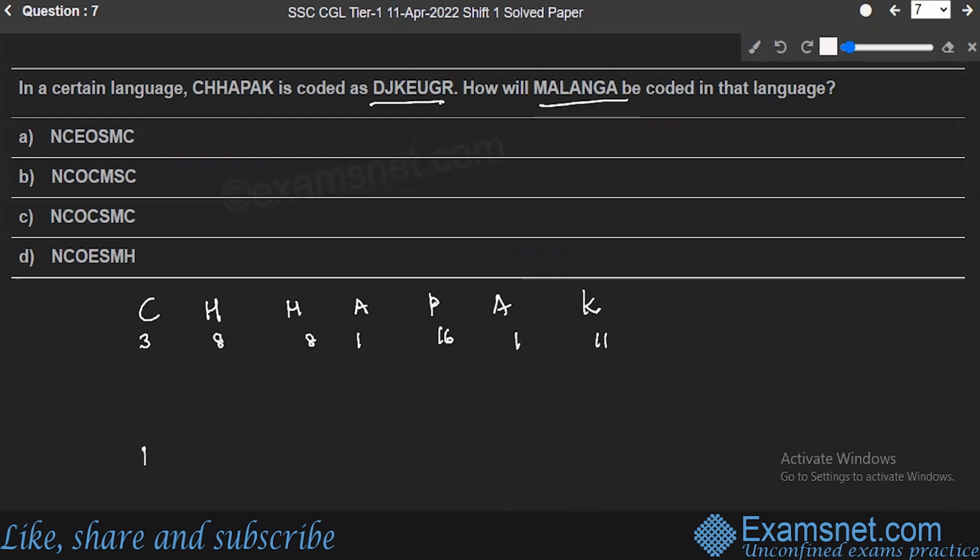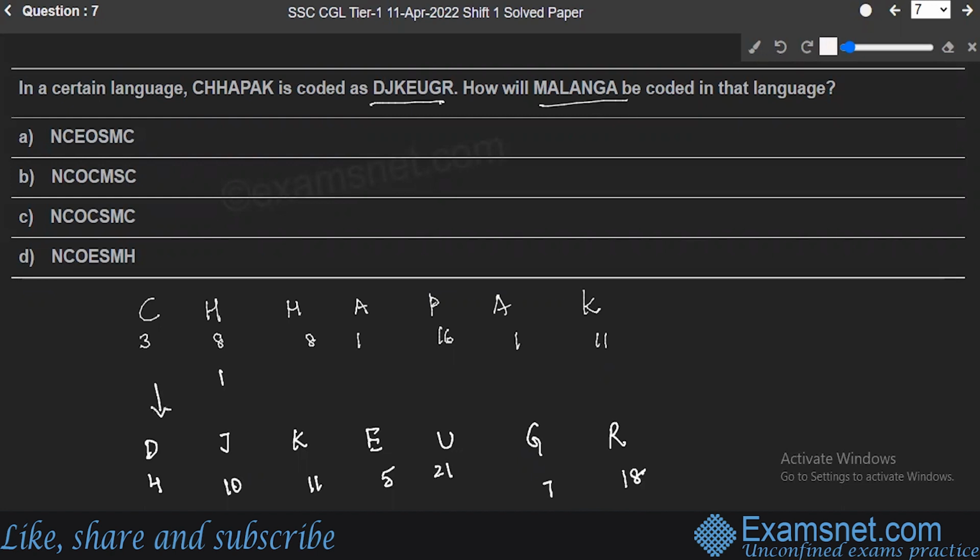Right? And the next one is D. Over here, you have to see D, J, K, E, U, G, R. So the position of D is 4, 10, 11, 5, 21, 7, and 18.